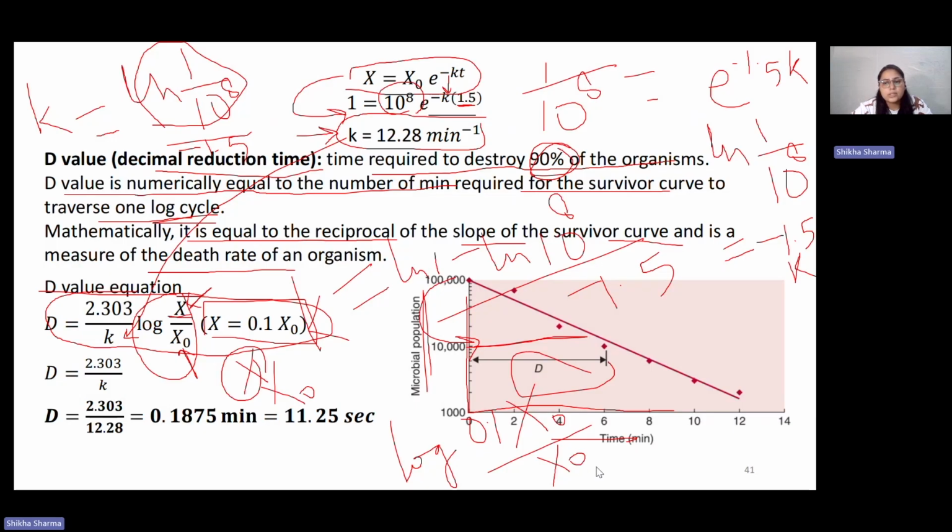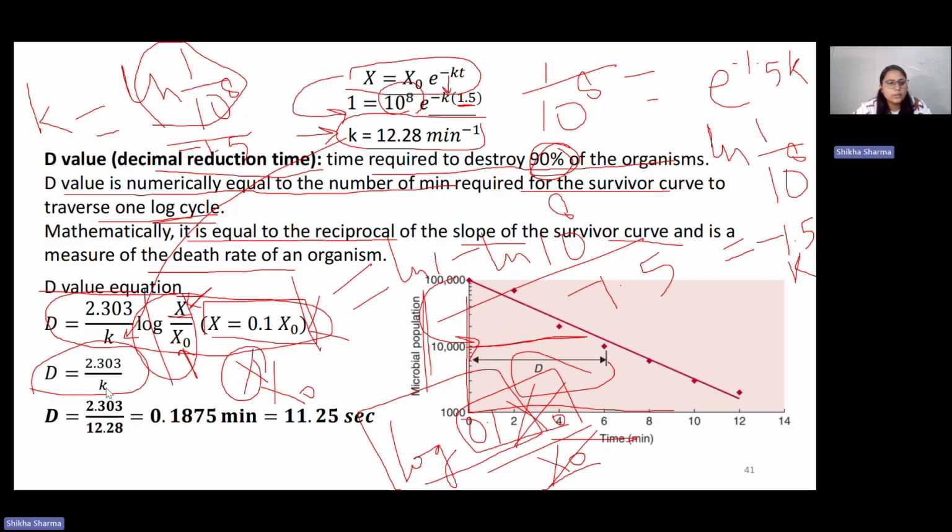X naught is the initial population, and finally only 10% survives, which is 0.1 of X naught. When we solve this, log 0.1 gives 1 in magnitude.